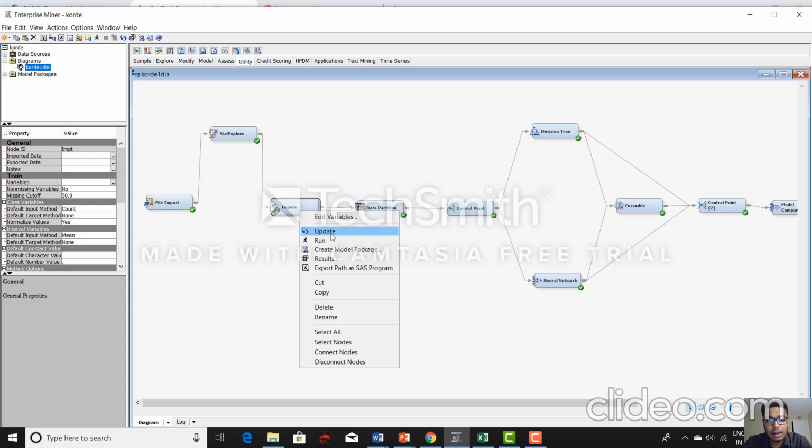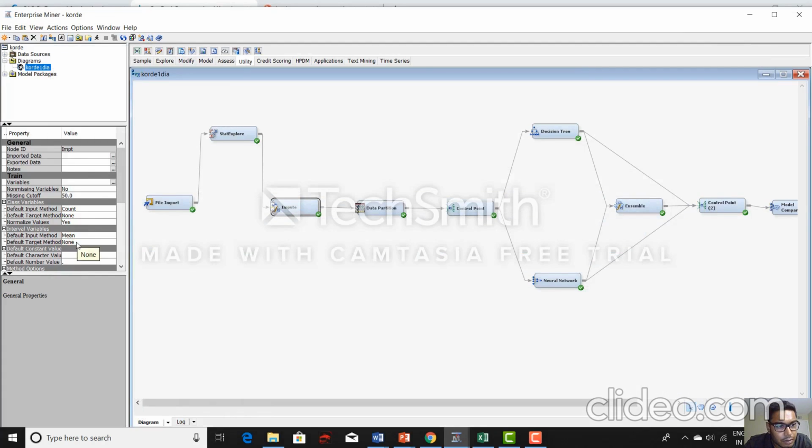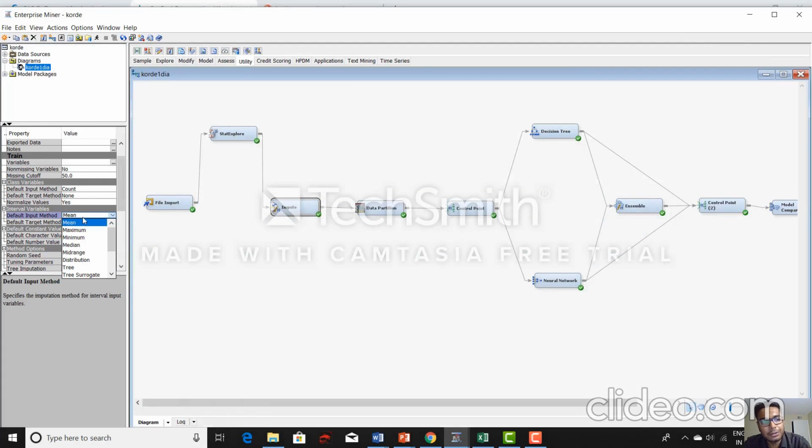If we look at the results of our Impute node, we can see that the 12 missing values are getting replaced by the mean of all the other values in our data set.